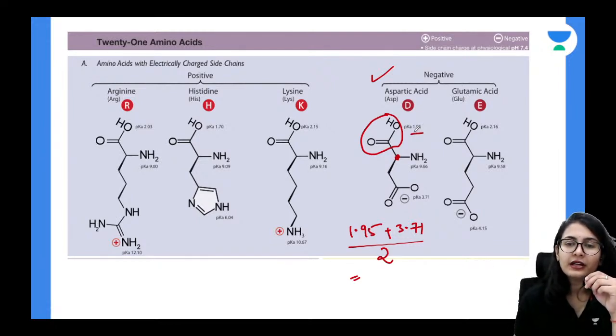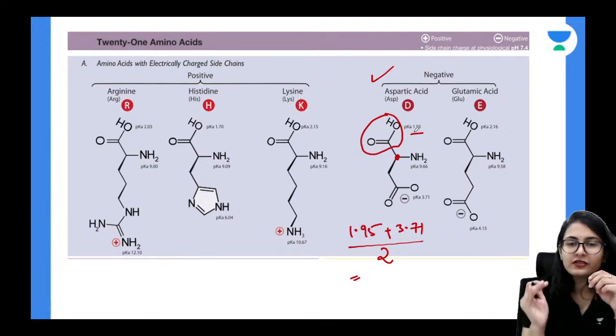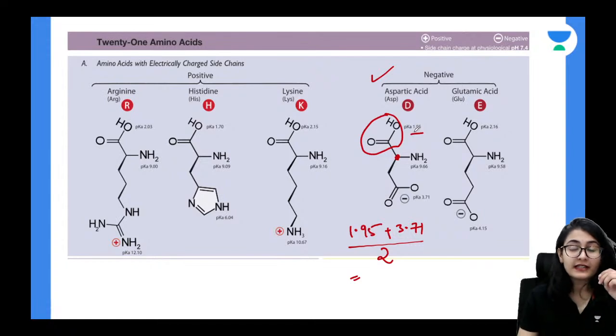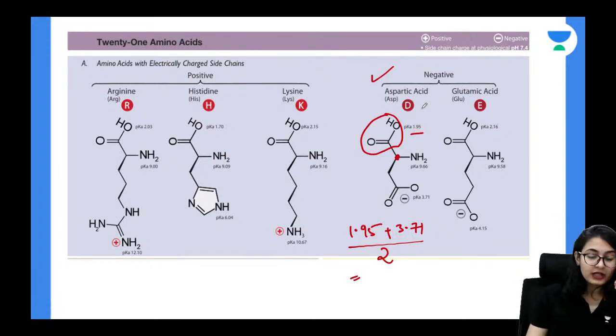Because you have an acidic side chain, so you will consider two similar acids. Which are both similar acids, guys? The carboxylate groups. Both the carboxylate groups are going to be considered as the similar acid. So for aspartic acid, it is going to be approximately 3.0 or something like that.